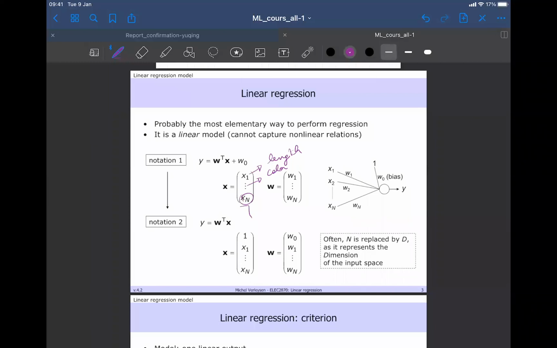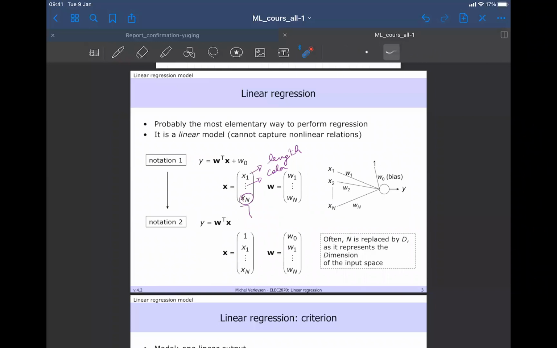So one big X is one example. The weights is also a vector because for each feature you multiply this by this, etc., to have the final solution of the y.